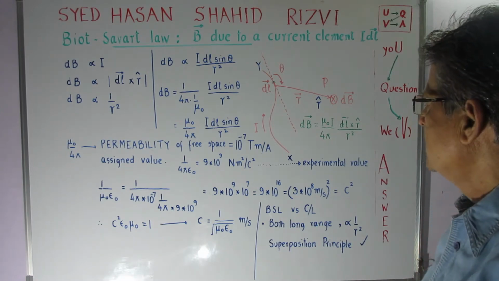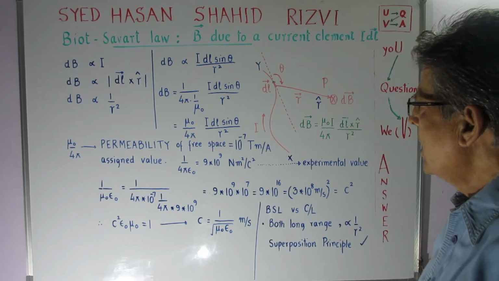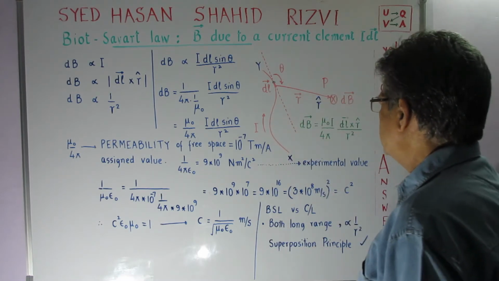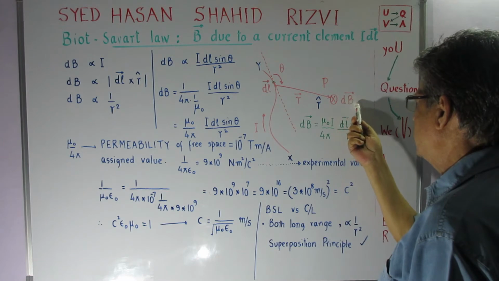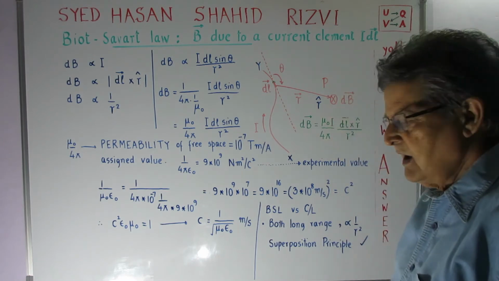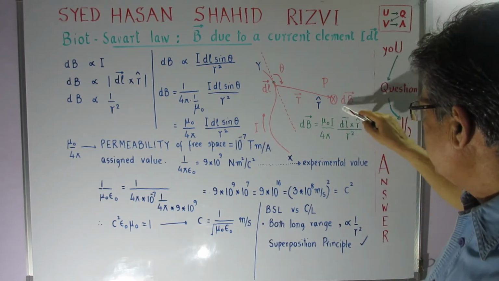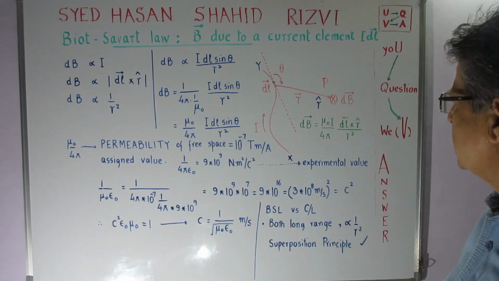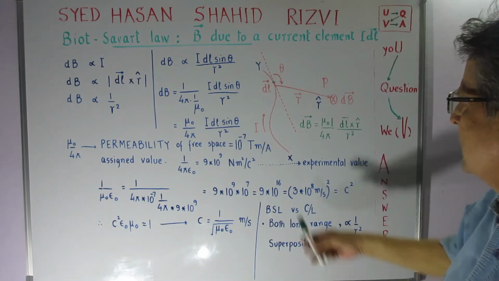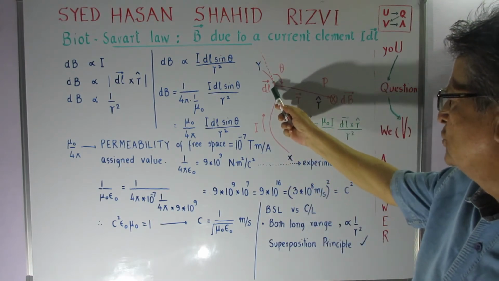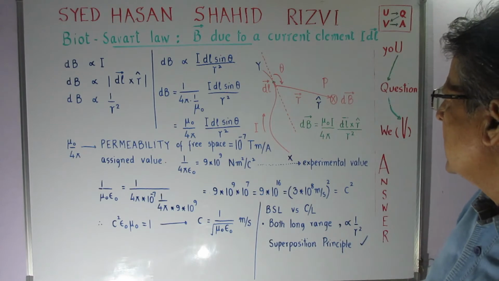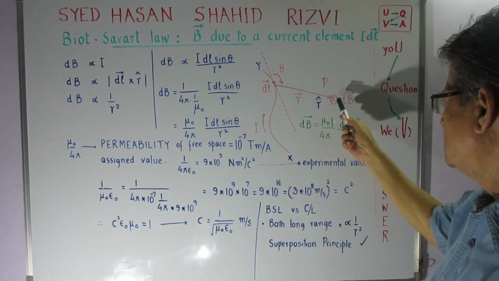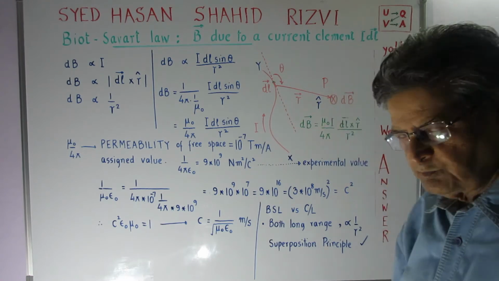Okay. Now, all things clear to you, and then we find a dB over here, and this dB, the vector dB, which is the magnetic field due to the current element IDL, and that has been shown to be inside the board.